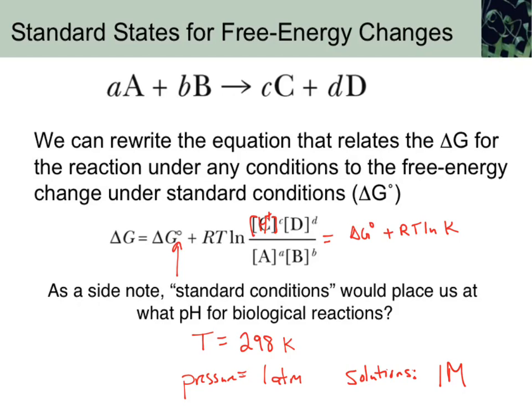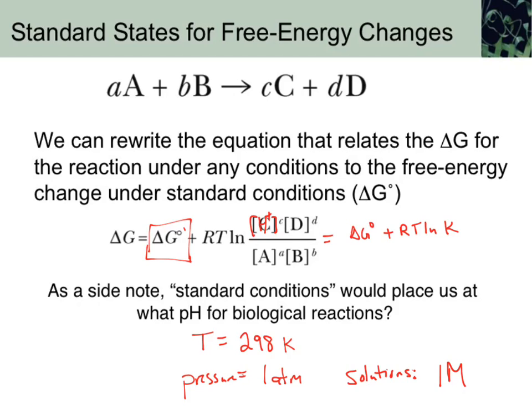So instead of looking at our normal standard states for a chemistry reaction, we have to change our standard state conditions. So we report a different delta G. It's no longer delta G naught. It is delta G naught apostrophe.